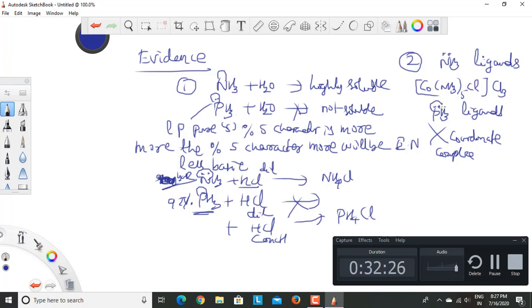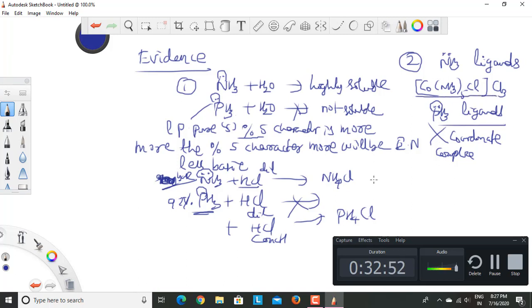In PH3, the lone pair is highly electronegative because the percentage S character is very high in PH3. But the percentage of S character in ammonia is less. So ammonia is a stronger base than PH3. If ammonia is a stronger base than PH3, then ammonia can form a coordinate bond, but PH3 cannot.